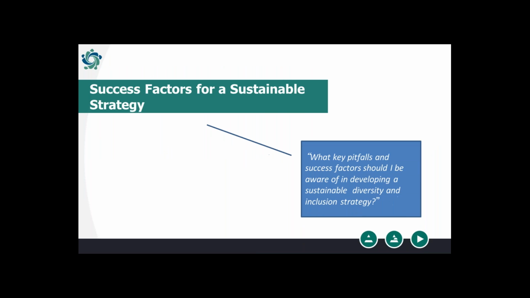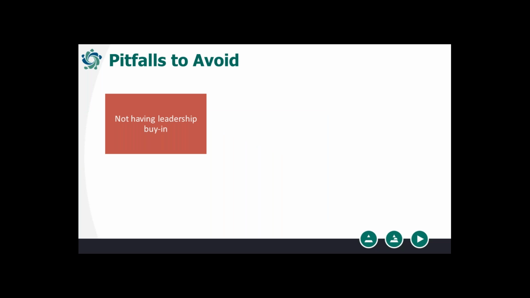Okay, so my last item, and I think I'm doing okay on time, this idea of pitfalls and success factors to avoid. So Sarah, if you can go next. You're probably not surprised to see this: if you don't have leadership buy-in, if they're not talking about this and supporting you, then it is going to be really, really hard.